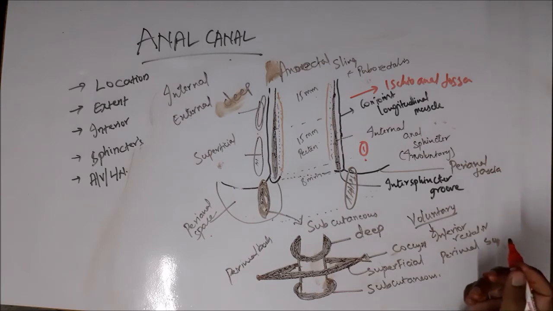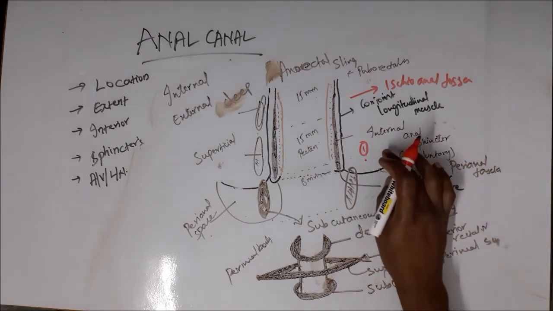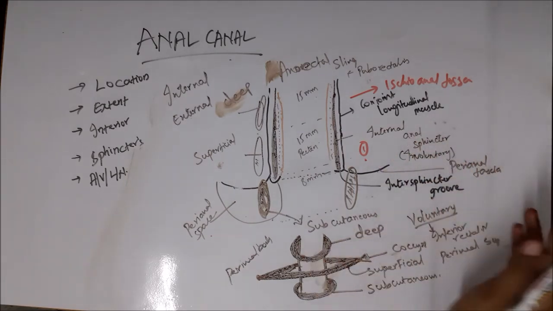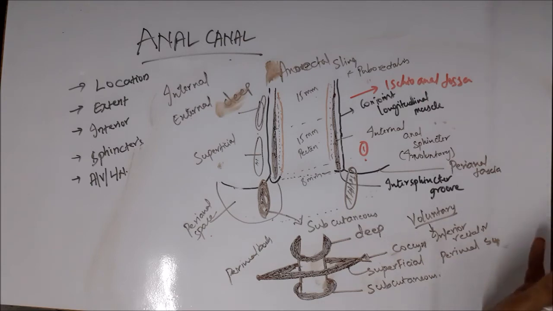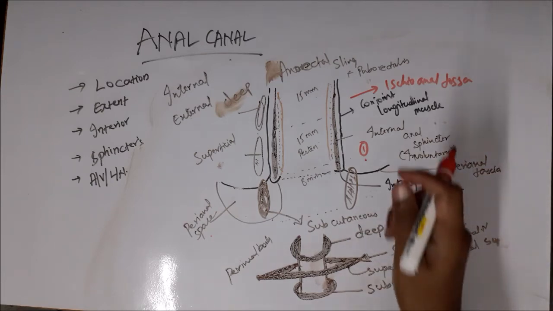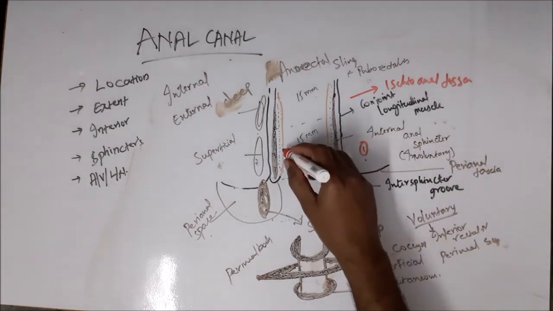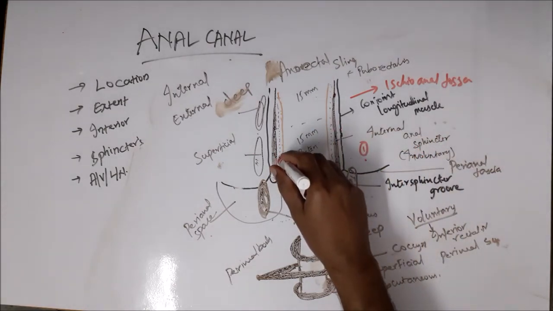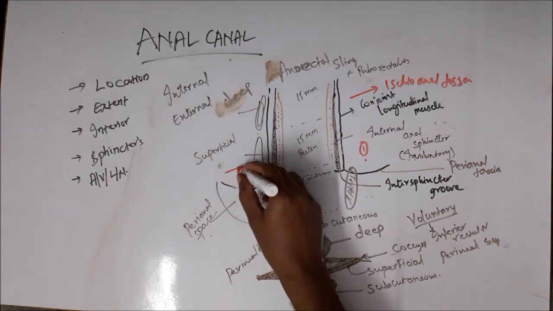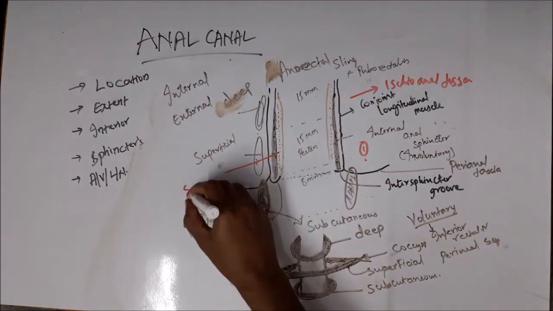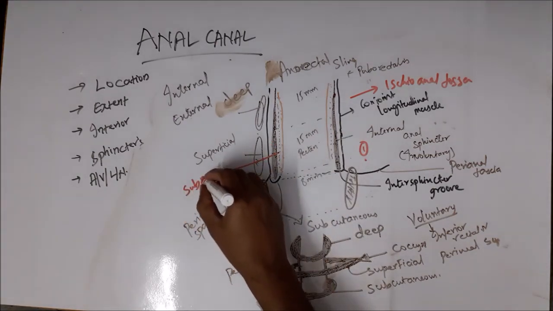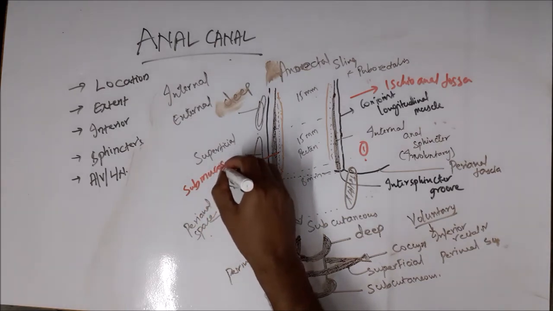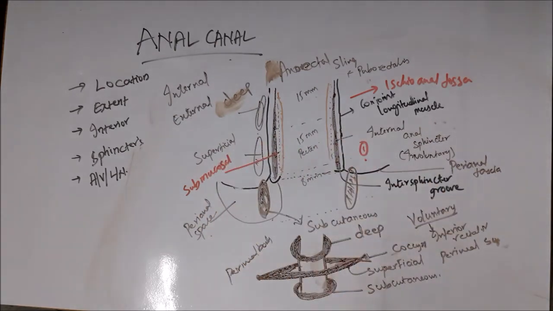This again has fat. So what is the function of this ischio-anal fossa? That is helping in expansion, or you can say dilatation, of the anal canal during the course of defecation. Then what is the other space here? This is the mucosa. This is the internal anal sphincter. In between this mucosa and internal anal sphincter, that is the space. Third one, that is the submucosal space. So what lies in that submucosal space?